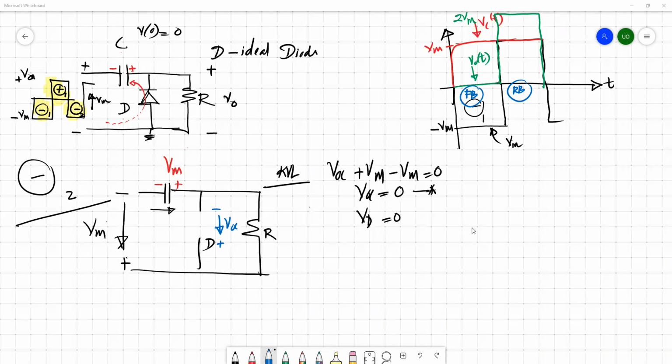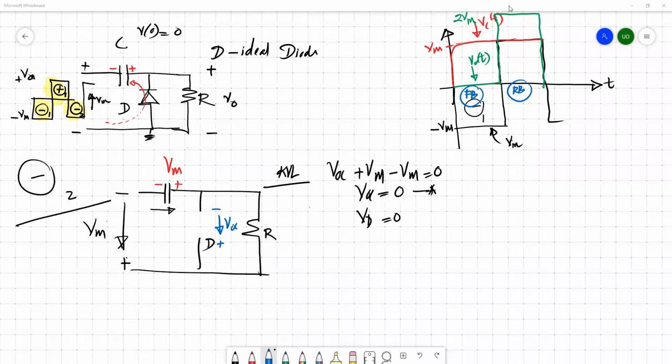Can you see? We can't see the screen. So you still can't see?